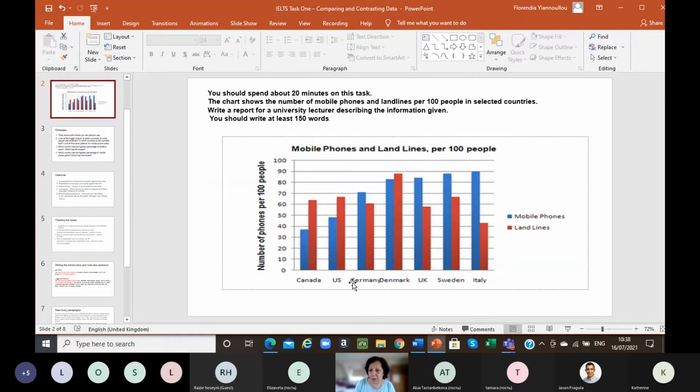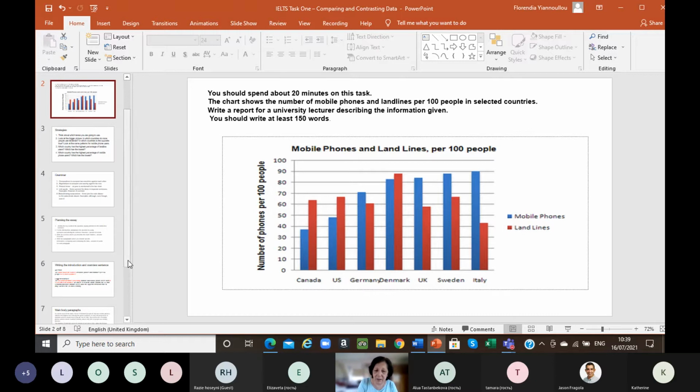This one again is mobile phones and landlines. You get different things, but it doesn't matter what you're describing. This essay could be on life expectancy. Here it's mobile and landlines. It could be anything. You will still use the same technique to compare the data. That's the important thing. If you learn specific skills and specific sentences, you can usually adapt them to different topics as well.